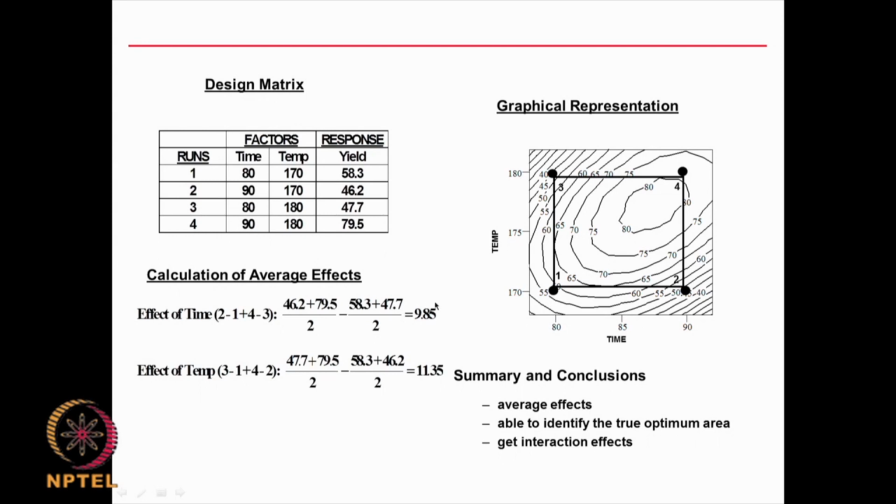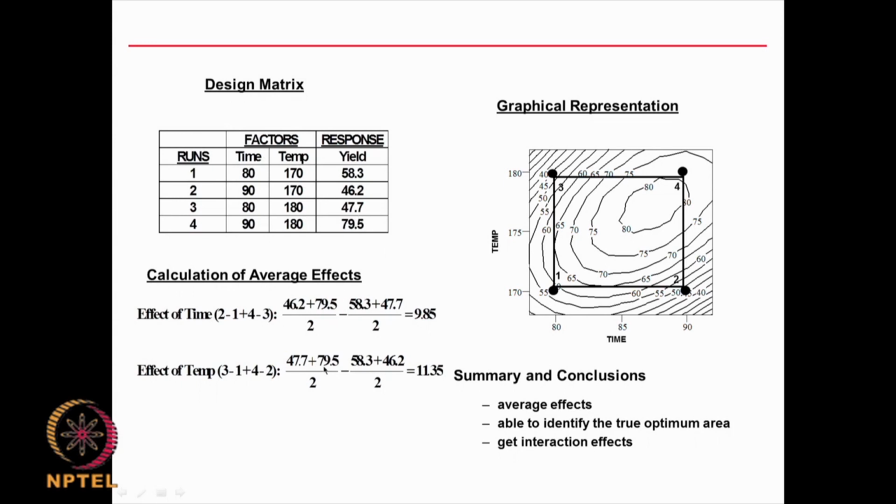The yield has increased by 9.85 because of the change in time from level 1, that is 80, to 90. Now, look at temperature. These 2 experiments are done at lower temperature 170, these 2 are done at higher temperature 180. So, you add up these 2 results, divide by 2, add up these 2 results, divide by 2, and then subtract this from that.